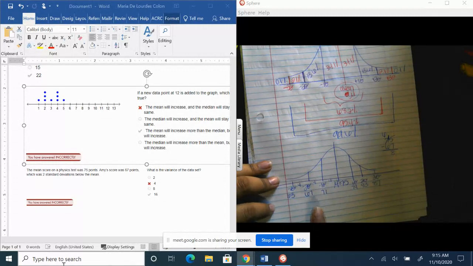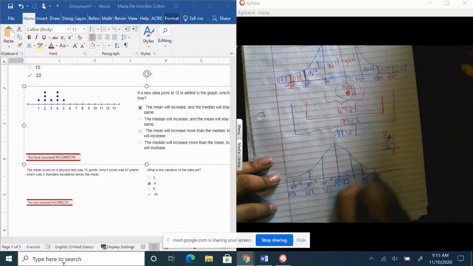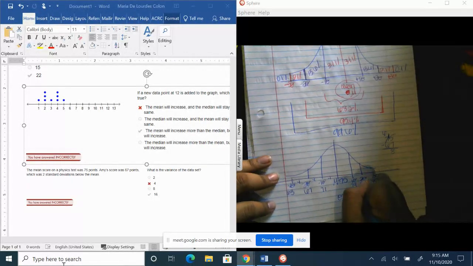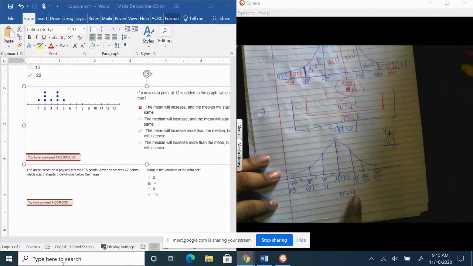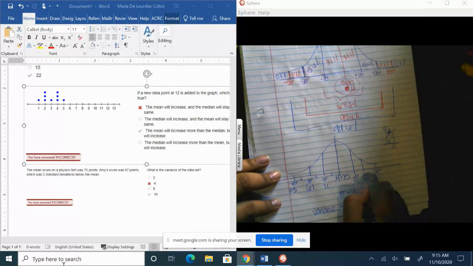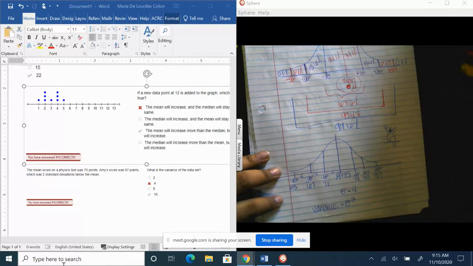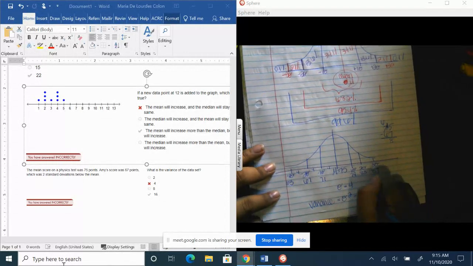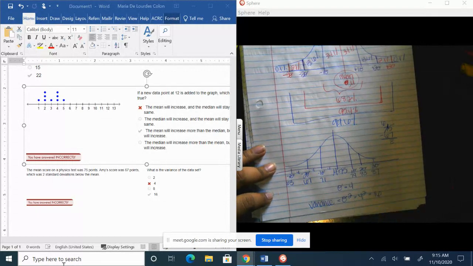So now variance. We know that one standard deviation is 4. Variance is your standard deviation squared. So 4 squared is 16. That's how you find it.